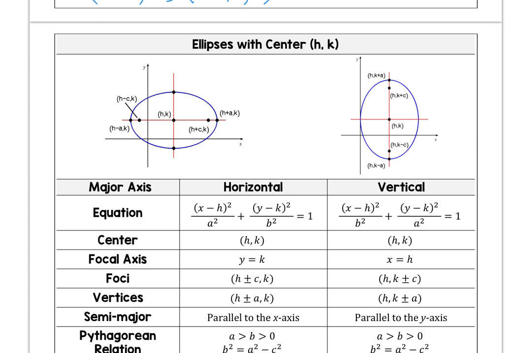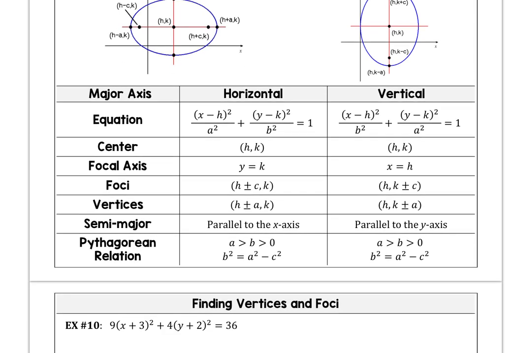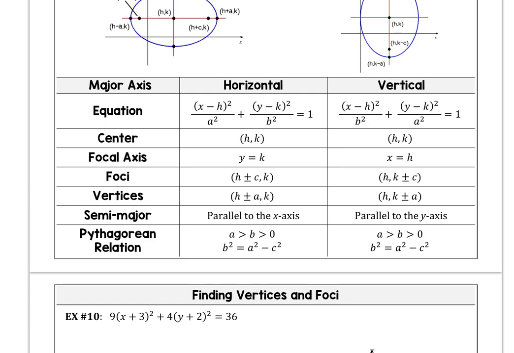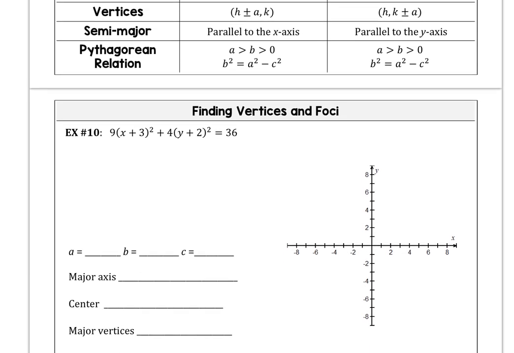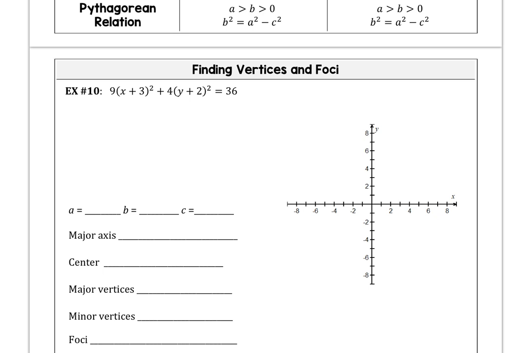If the a value is under the y, we have a vertical orientation. And I'm not going to talk about memorizing things. We can use the equations and the properties to figure out where items are located.